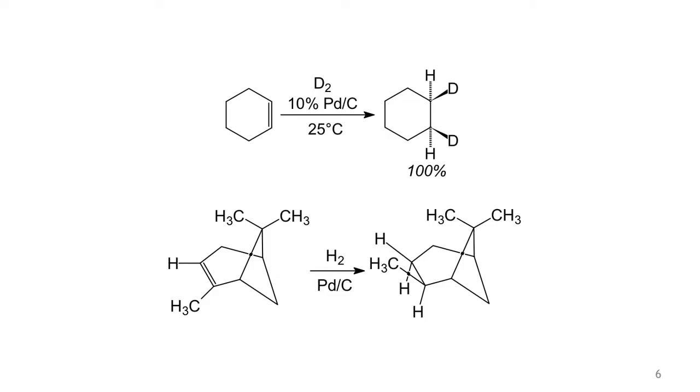The experiments that tell us that the syn addition occurs are represented by these sorts of reactions. There are isotopically labeled studies where H2 gas is replaced with deuterium gas, D2. Recall that deuterium is just a heavier isotope of hydrogen, but chemically identical to hydrogen-1.